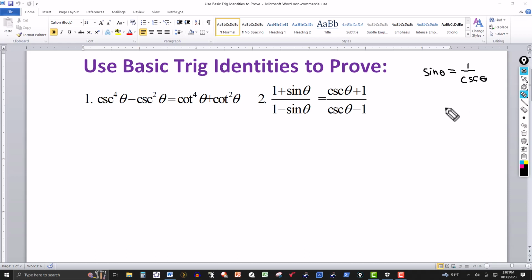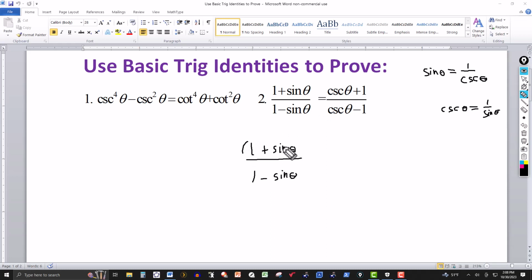If I solve this for cosecant, then I can write cosecant of theta is equal to 1 over sine theta. They're reciprocals. So I'm going to start with the left side, 1 plus sine theta over 1 minus sine theta. And I want to show that that is equal to what I have on the right side.